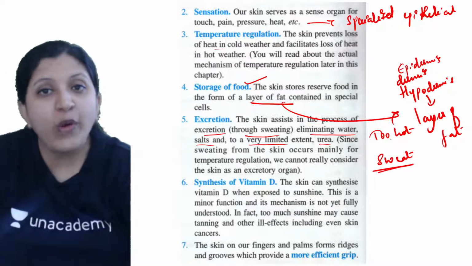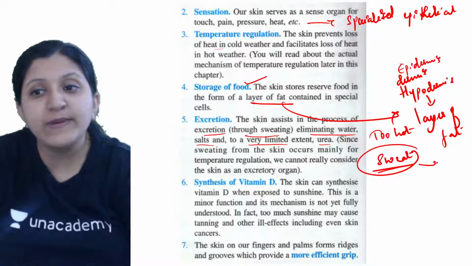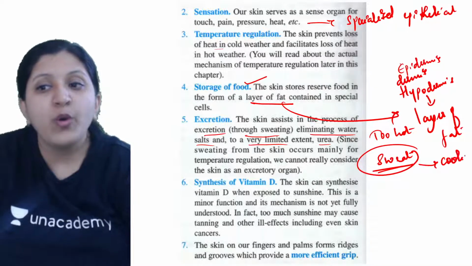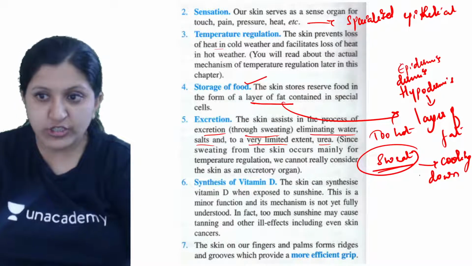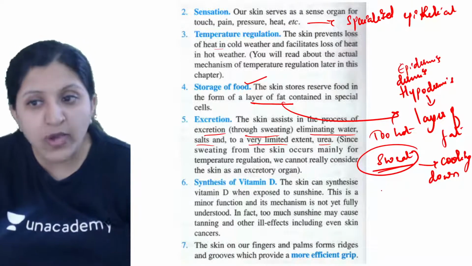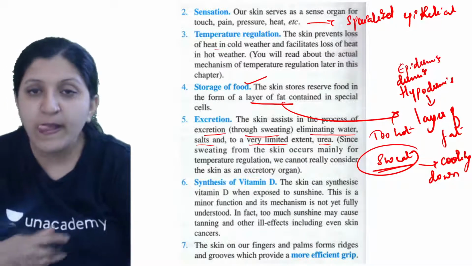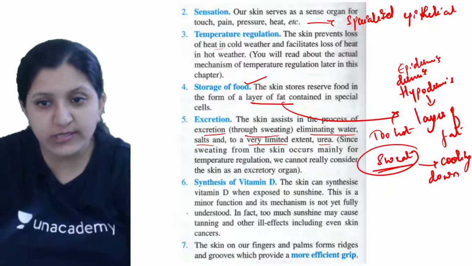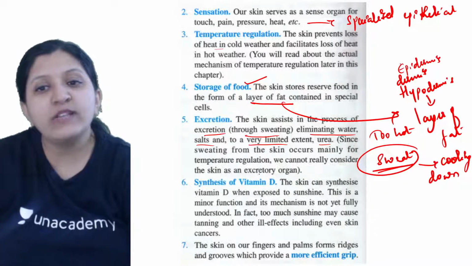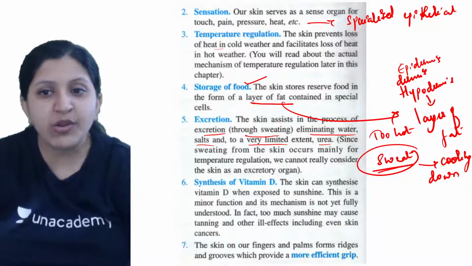And why is it occurring? This sweat is basically a way of cooling down your body. Your body is trying to cool itself down because too hot a temperature is there on the outside. That is why we cannot say that the sweat glands are an excretory organ.